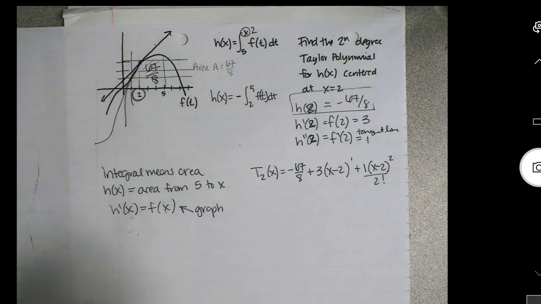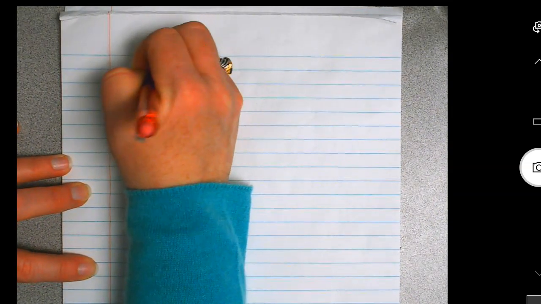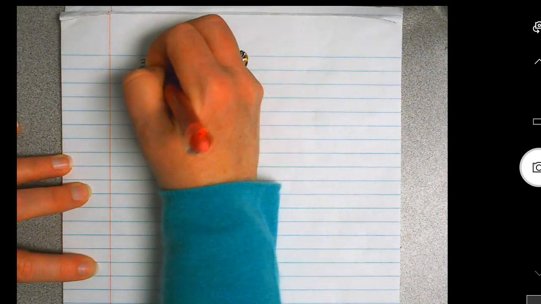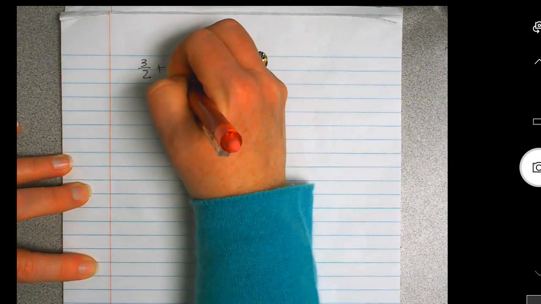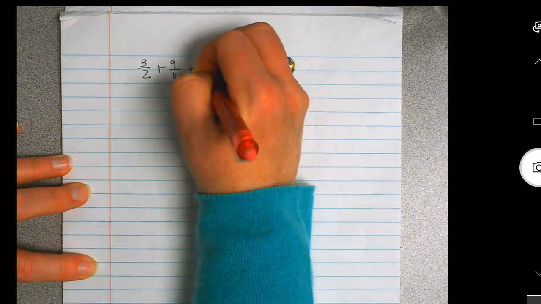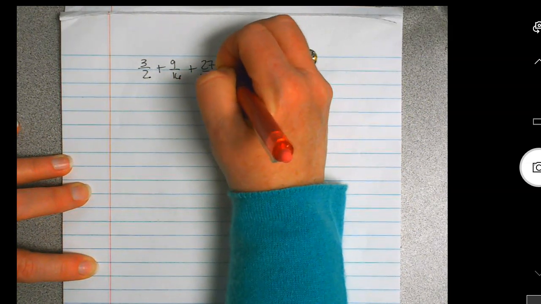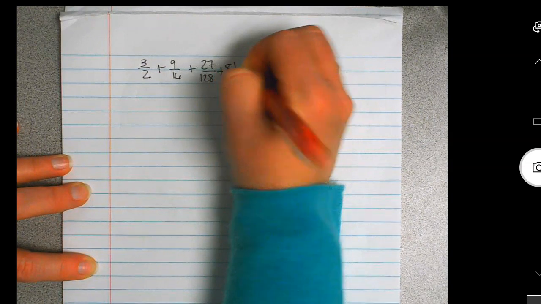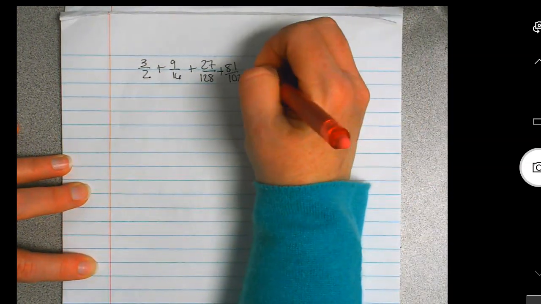Okay, so it took me a long time to figure out 9. I felt really smart when I finally got it because I kept playing with it to see what happened. Emma showed it to me and I was like, oh my god. So 3 halves plus 9 over 16 plus 27 over 128 plus 81 over 1024 plus and so on.